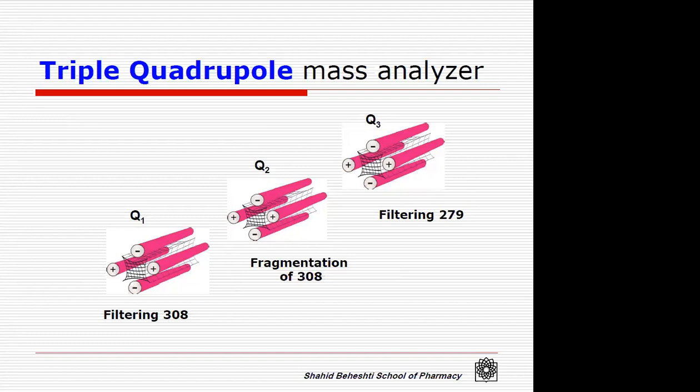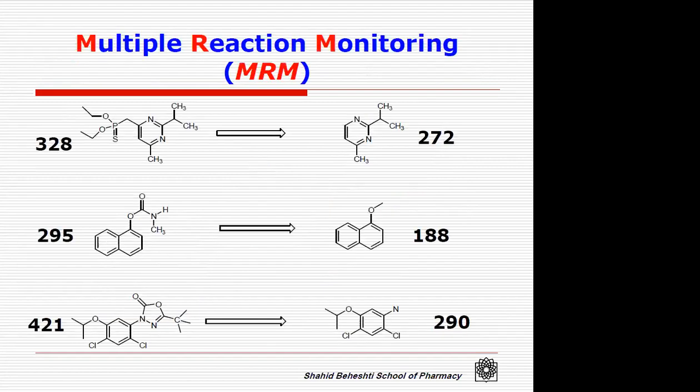Next slide, please. And the other very unique capability of the mass spectrometer is that, as I said, you can adjust the mass spectrometer so that you can monitor the transition of a molecule to its fragment. But it is not like we adjust the mass spectrometer at a certain arrangement for the transition and we cannot change it.